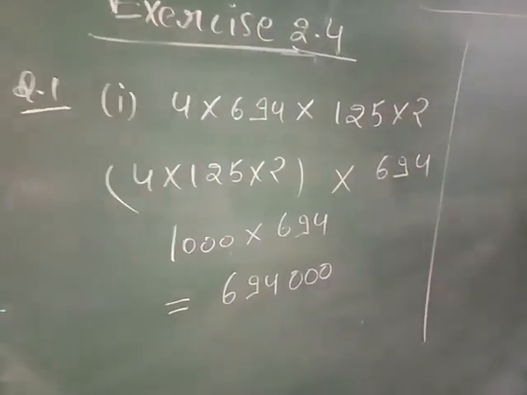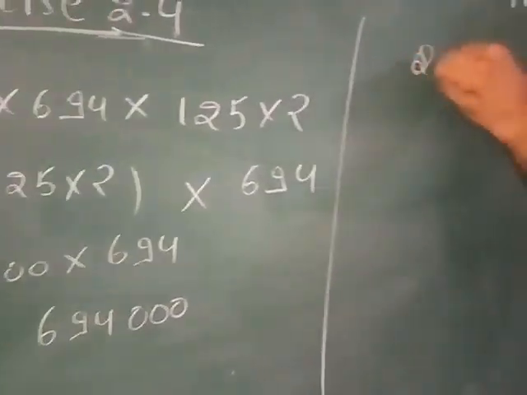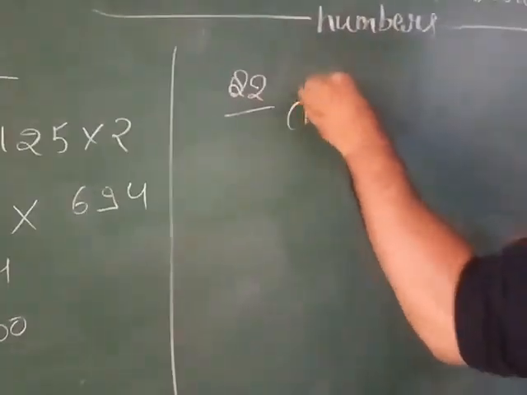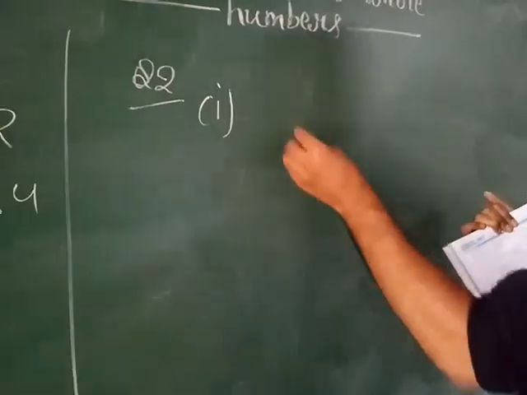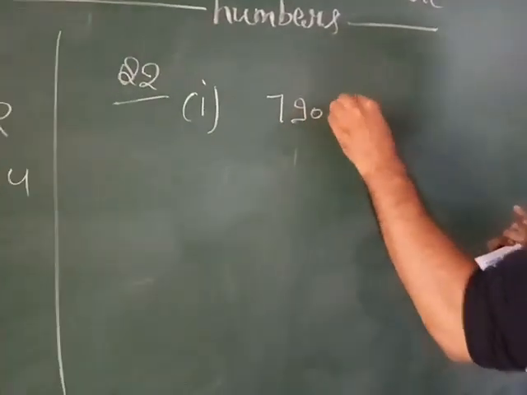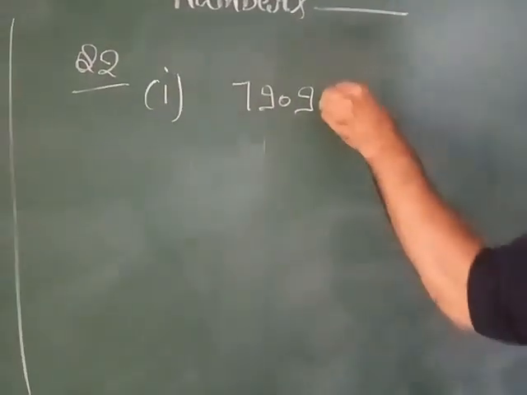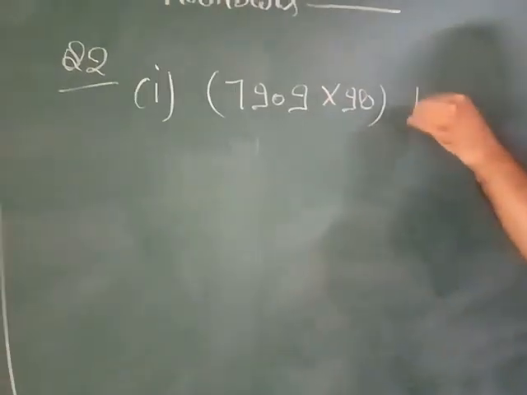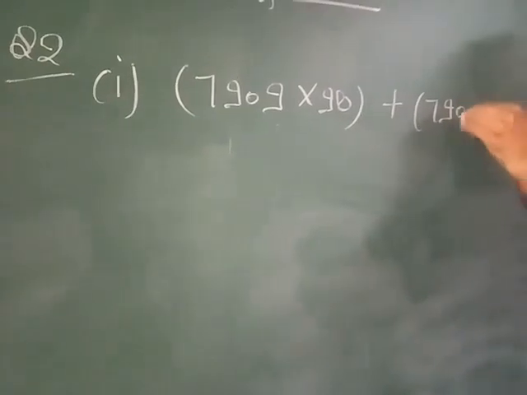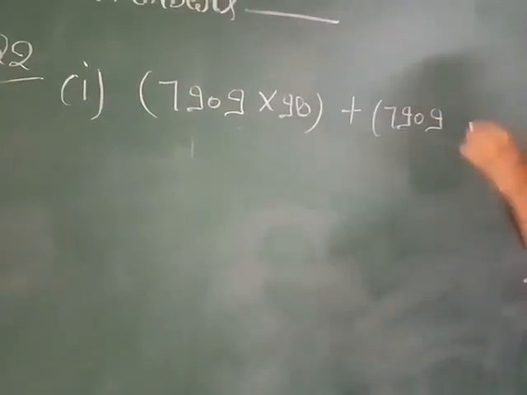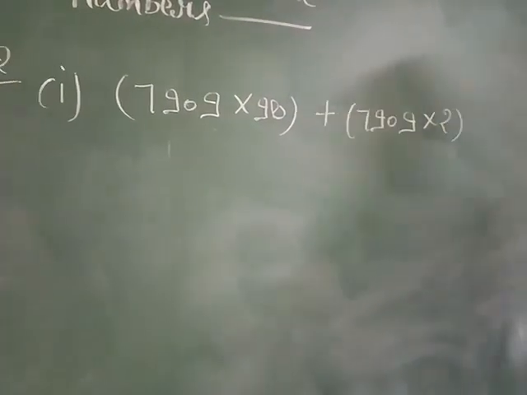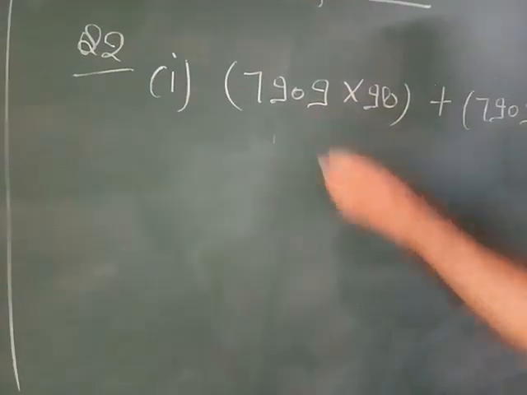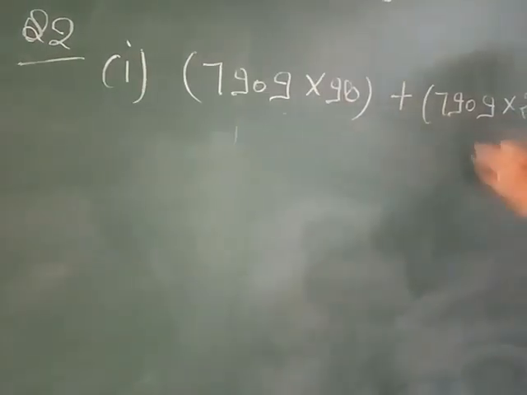The remaining terms will be done like this. Now question second. The first part is 7909 multiply 98 plus 7909 multiply 2. In this question you can see 7909 is common.